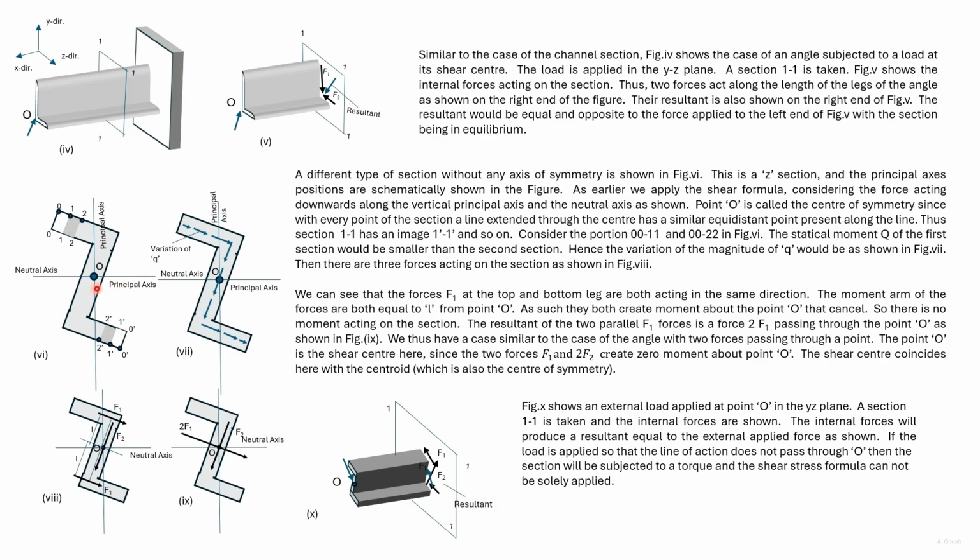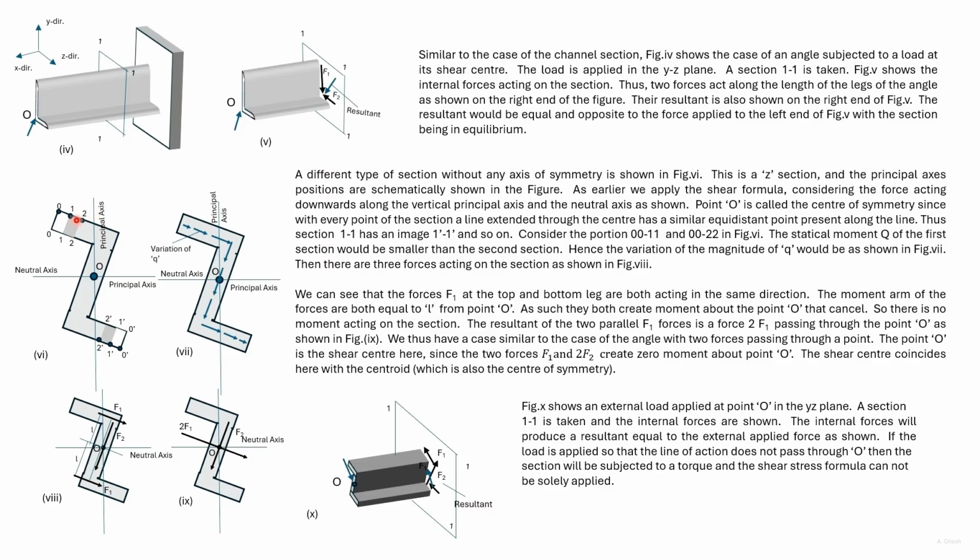If a point is the center of symmetry, then if we take a point 0 in the section and pass a straight line from 0 through O, it will intersect the section at point 0 dash. The distance 0 O will be equal to O 0 dash. Here the diagram is schematic, so we have to assume what we just mentioned.